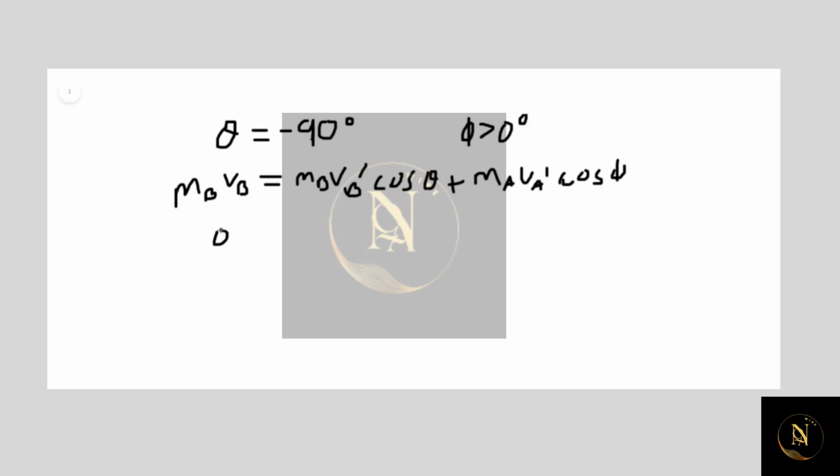For the y, we have 0 is equal to mb vb prime sine theta plus ma va prime sine phi.